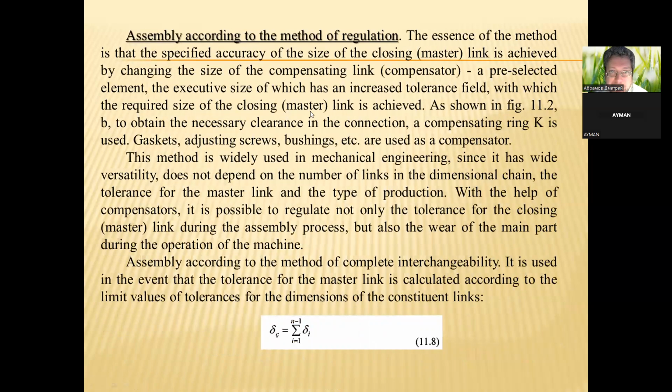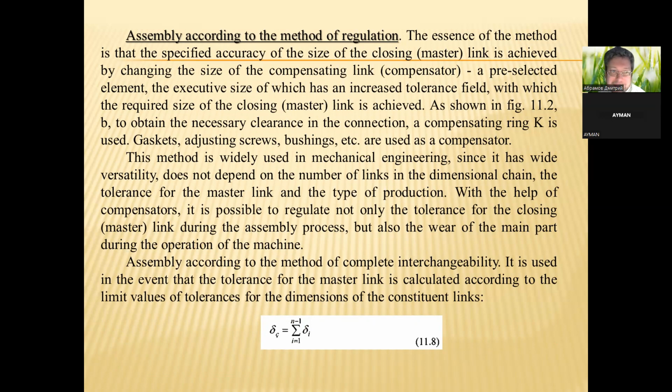Assembly according to the method of regulation. The essence of the method is that the specific accuracy of the size of the closing or master link is achieved by changing the size of the compensating links, called a compensator.